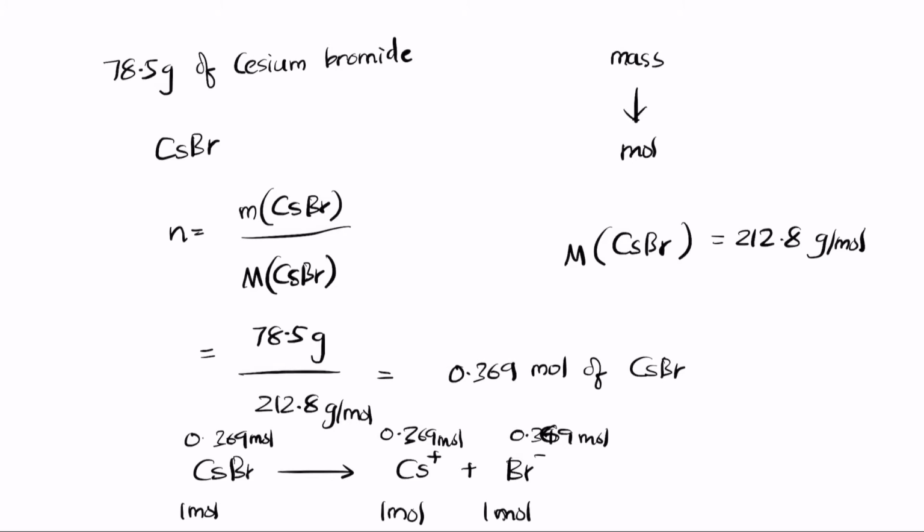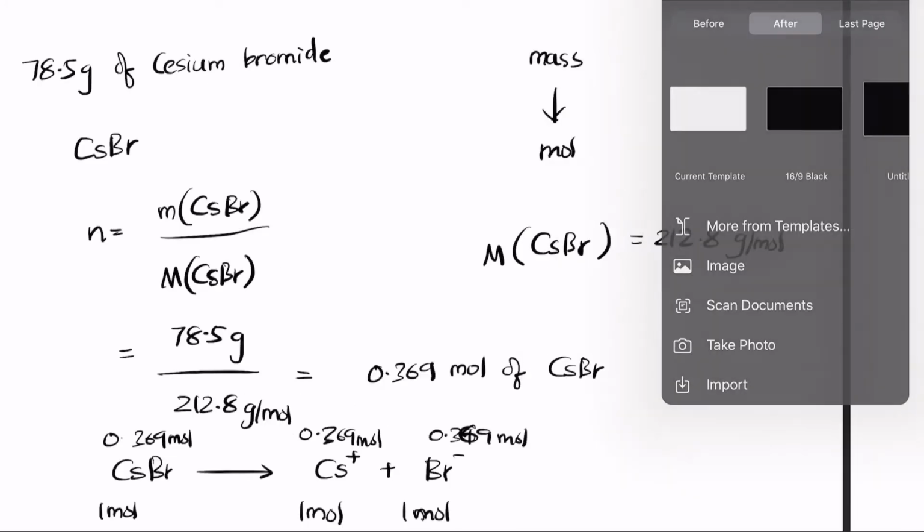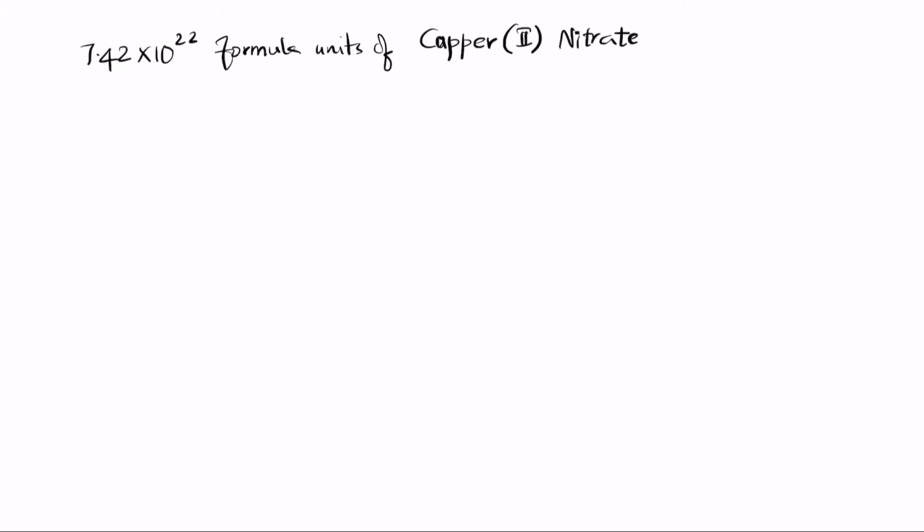So let's try the last one. The last one is 7.42 times 10 to the power 22 formula units of copper 2 nitrate.